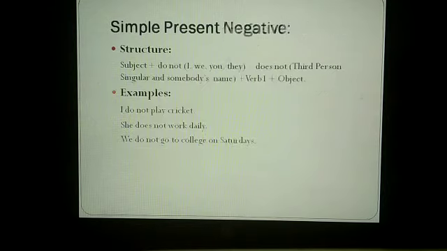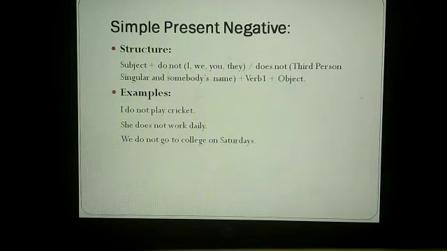Right? Next, simple present negative. What is the structure of simple present negative? Subject plus do not. We use do not with I, we, you and they. And we use does not with third person singular and somebody's name, plus V1 plus object.